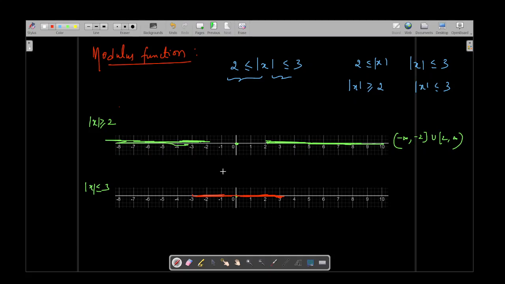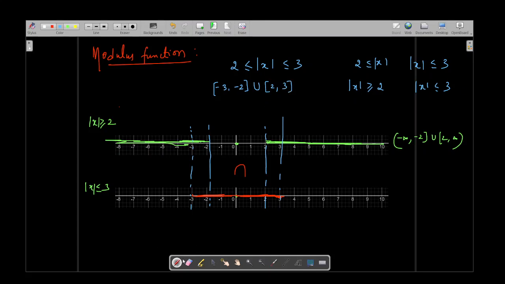I have to take the intersection of these two, the common points for both the intervals. So when I write that the distance is between 2 and 3, it is actually minus 3 comma minus 2, both included, union 2 and 3.